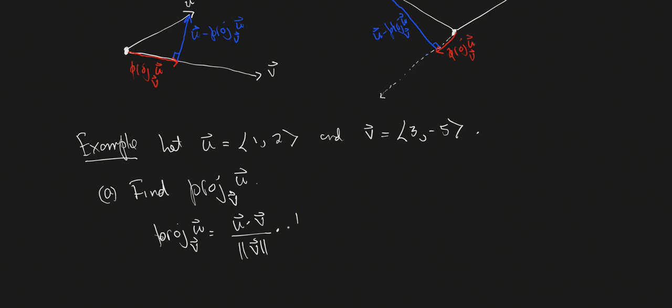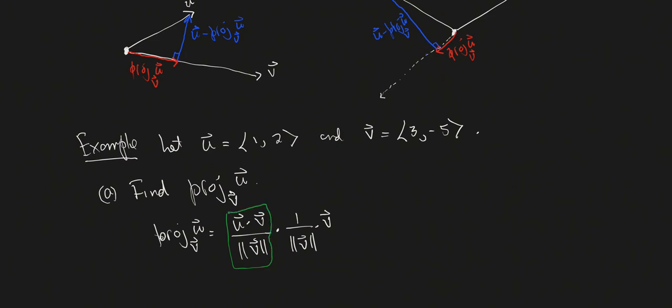And then times 1 over the magnitude of v times v. So remember, that's what we did. We said that this is the length of the projection, and then this gives us the components of the projection.